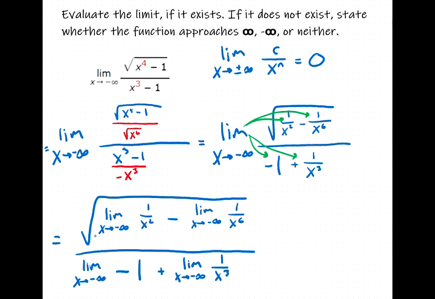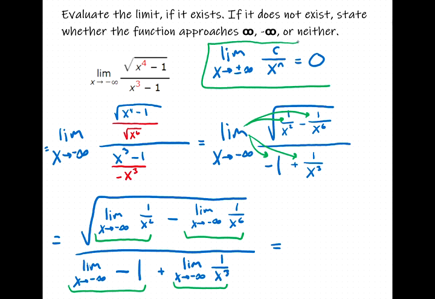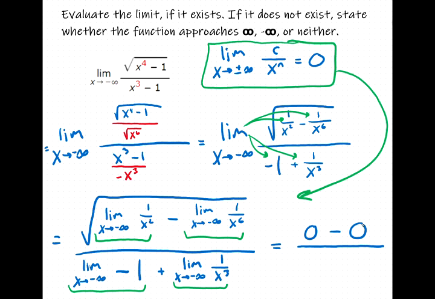All right, so now we have 4 limits. We have this one, we have this one, and this one. So we're going term by term with the limits. And so, because of this property that we're applying, we have on top the limit as x approaches negative infinity of 1 over x squared is a 0 minus the limit of 1 over x to the 6th, which is also 0.